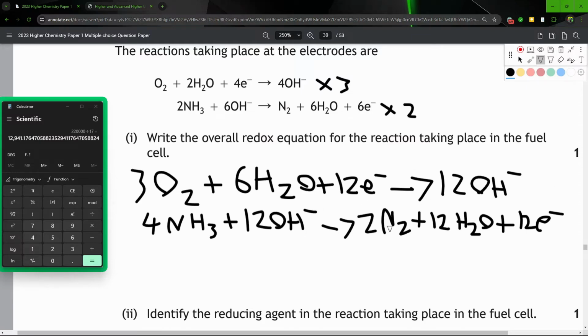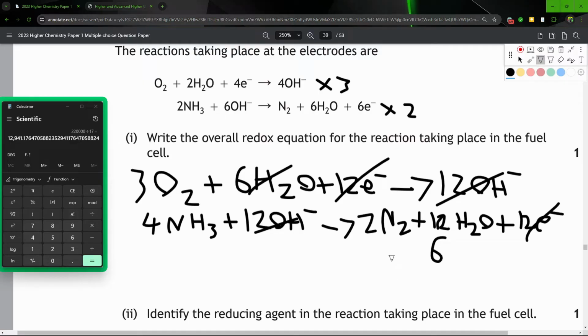So 12 OH on both sides, cancelled. 12 electrons on both sides, cancelled. 12 water, 12 hydrogen. No, you can't get rid of all of them. So we can actually cancel that. We can turn this into just 6.